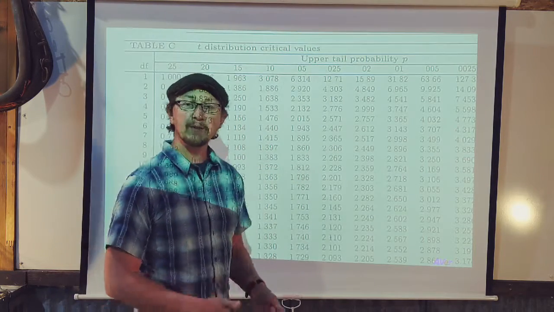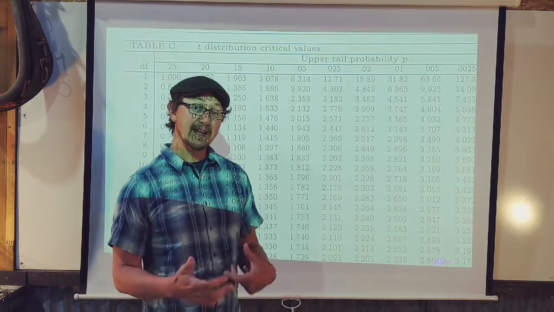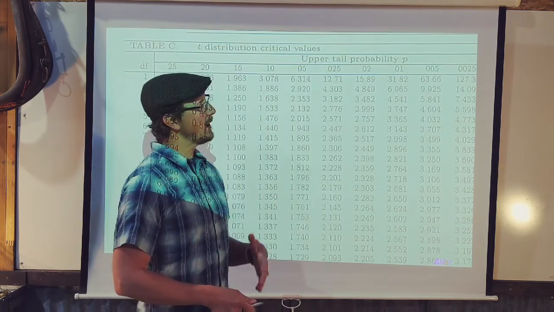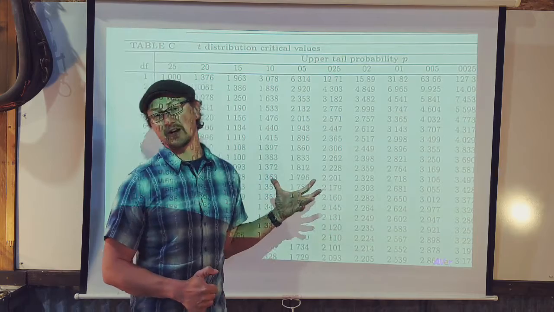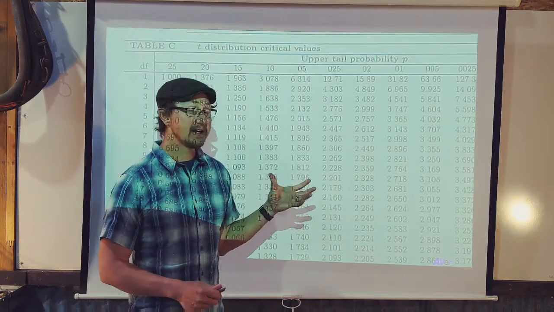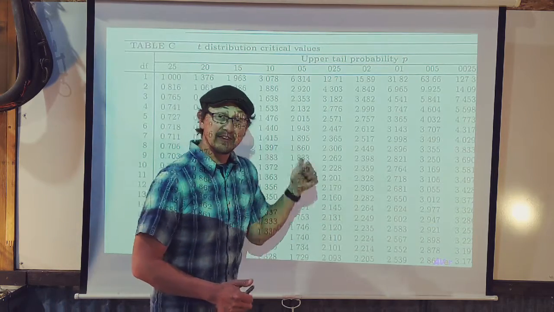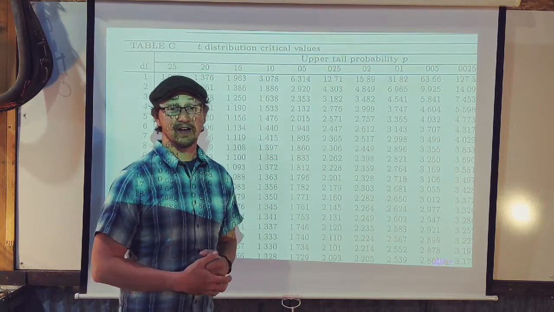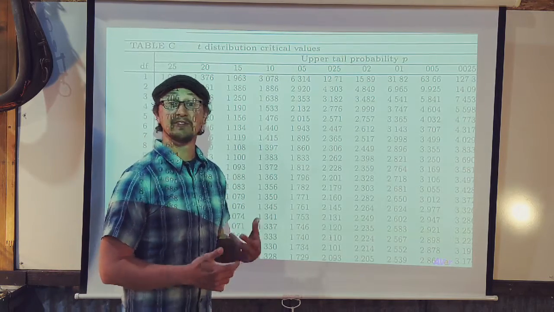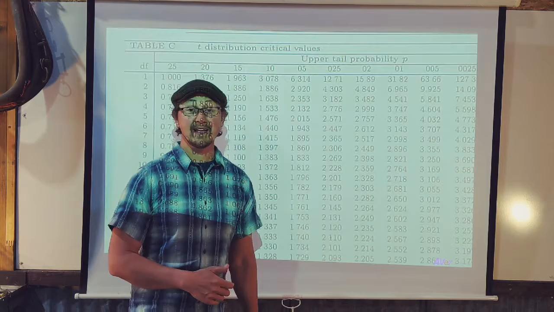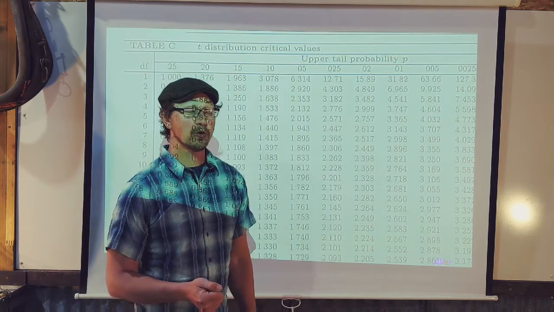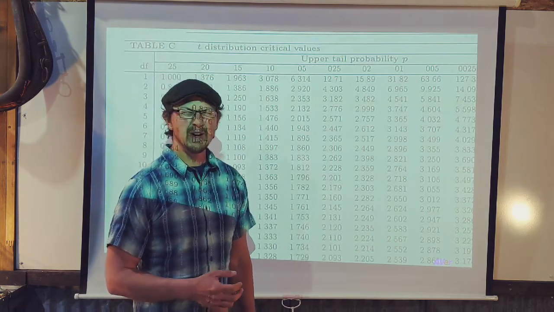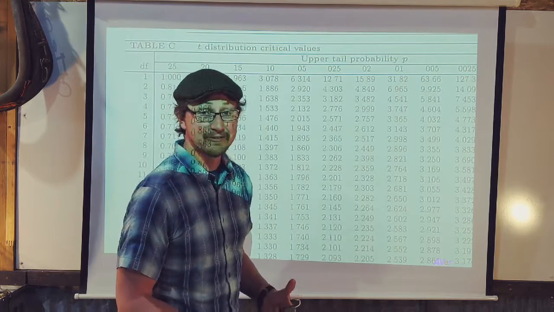So what happens when we run the test, get a t-value, and need to figure out what the probability of that is? Well, if we're using the table rather than our TI calculator, then this is how you're going to do that. Say I have a sample size of 12. That would be 11 degrees of freedom, right? And I come up with a t-value of 1.95.